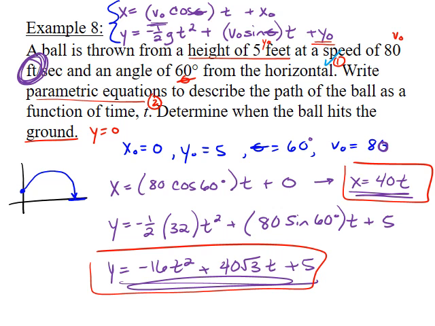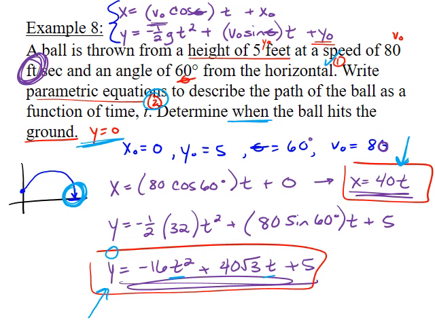On the next slide, I'm going to solve part 2, which is determine when the ball hits the ground. So we want to find out when this ball hits the ground, and that will happen when y is equal to 0. Well, I don't have anything involving y here, but I do here. So I'm going to plug 0 in for y and find t. When I find t, t represents a time, so that will tell me when the ball hits the ground.